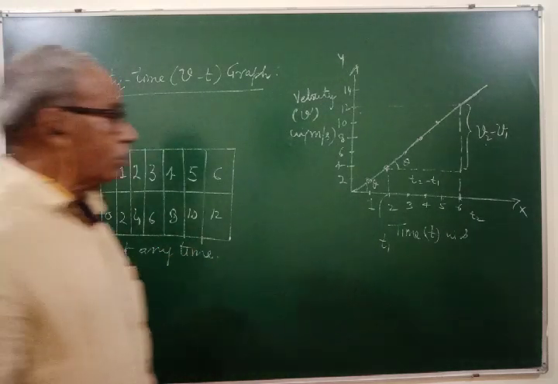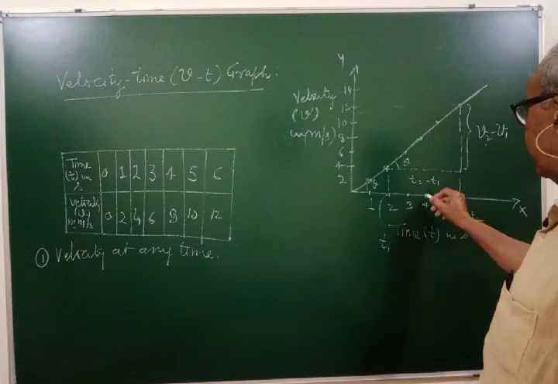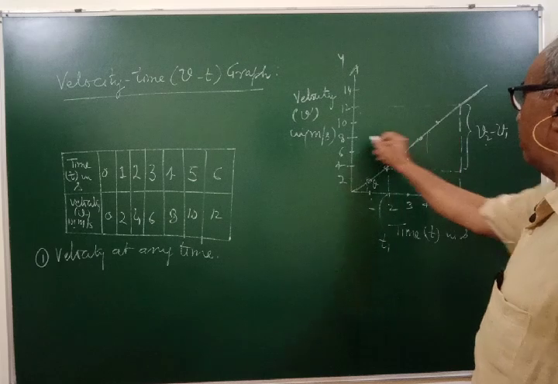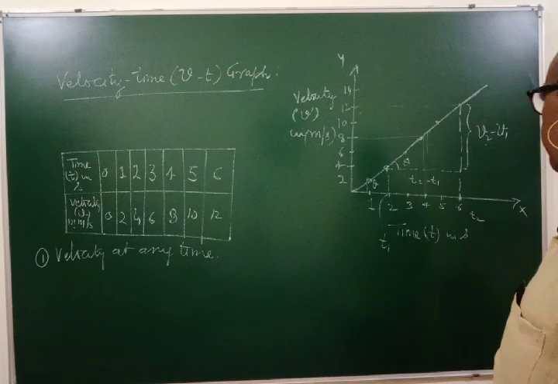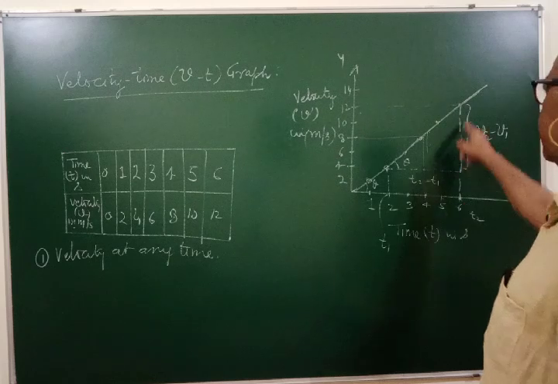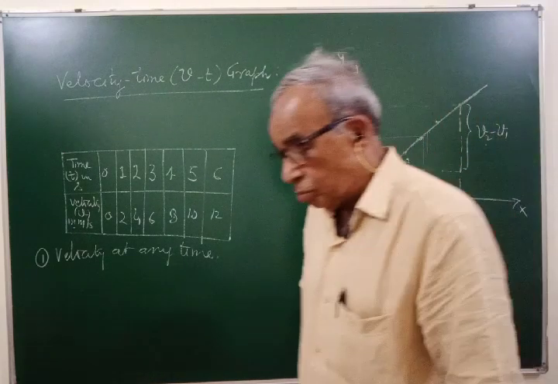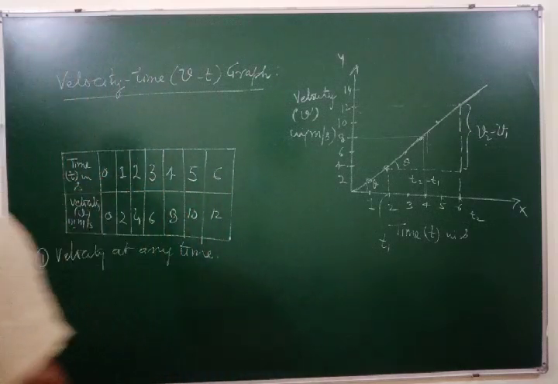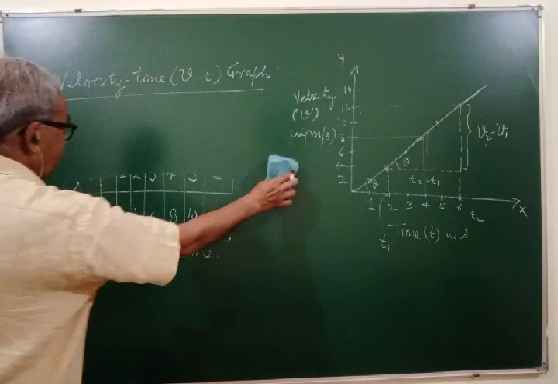Velocity at any time means, suppose you want to find velocity from this graph at 4 seconds. So go to 4 and 8. So at 4 seconds, velocity is 8 meters per second. At 6 seconds, it is 12 meters per second. At 2, it is 4, and so on. The first thing is that we can obtain velocity at an instant.